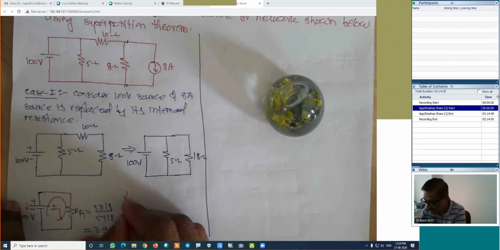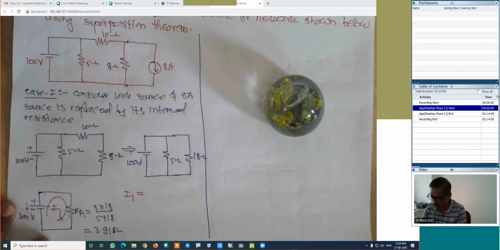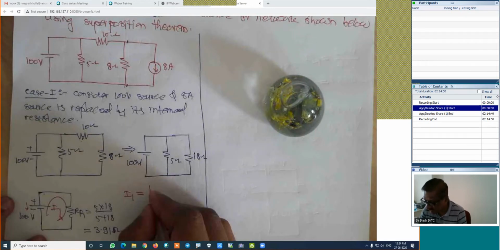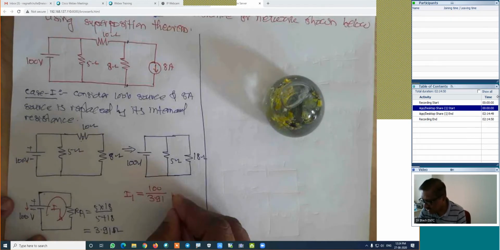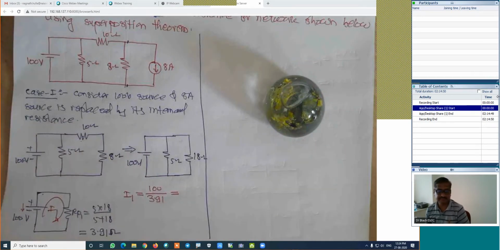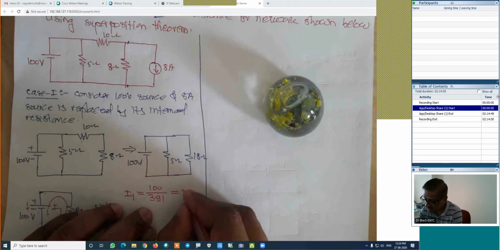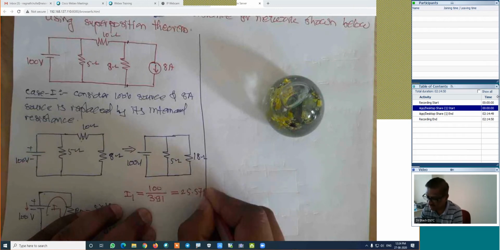Now look at this: I1 is equal to total voltage 100 divided by total resistance 3.91. How much is the current I1? 25.57 amps is the current.